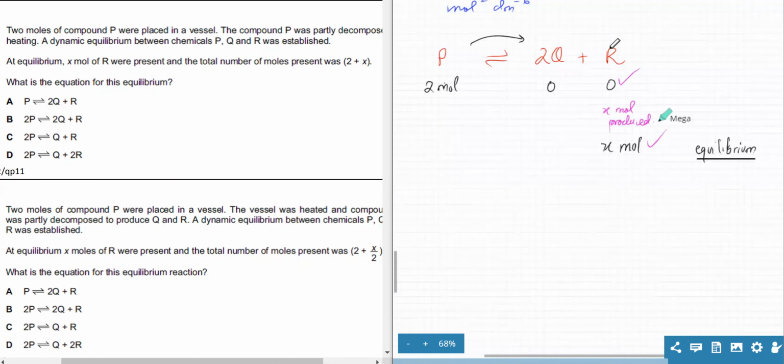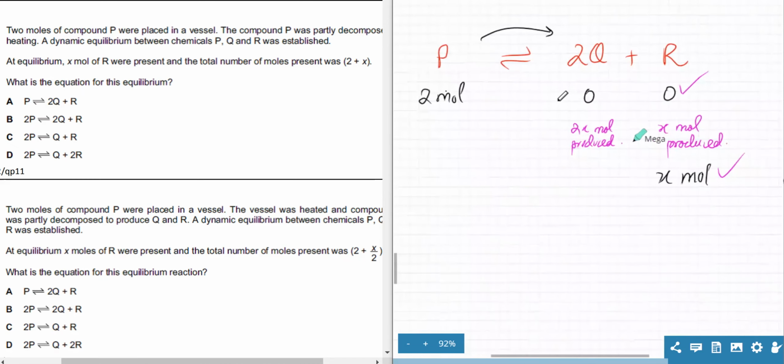If 1 R is produced, 2 Q would be produced. So if X moles of R are produced, that means 2X moles of Q must have been produced. It's 1:2. And if X moles are produced over here, then it's 1:1. X moles of P must have reacted.